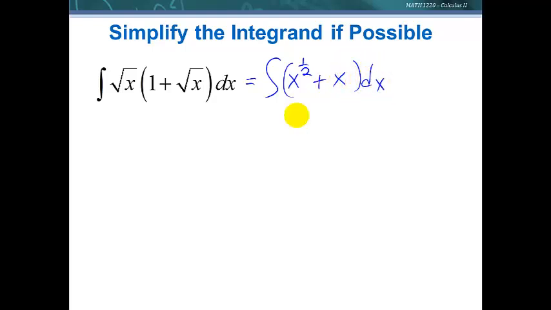Be very easy to integrate, so this would be x to one higher power, which is 3/2, and then we need the reciprocal of that power, plus this one would be 1/2 x squared plus our constant of integration. So by simplifying that integrand, that makes it very easy.